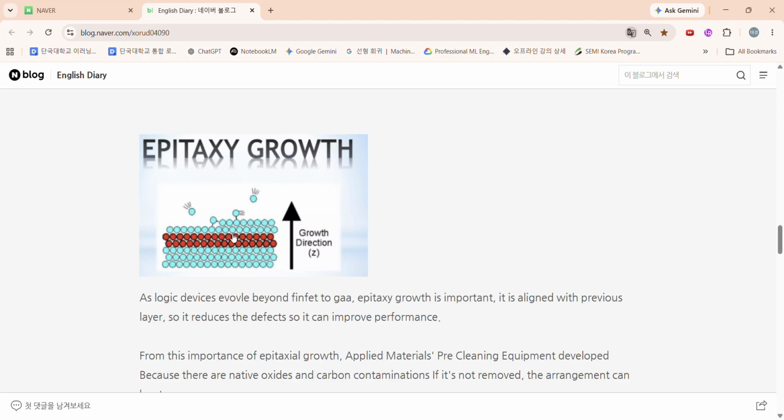It is natively made, so it is called native oxide, but it's not our intent, so it is a defect. So we need to clean this silicon dioxide. Silicon dioxide means the combination between silicon and oxygen.